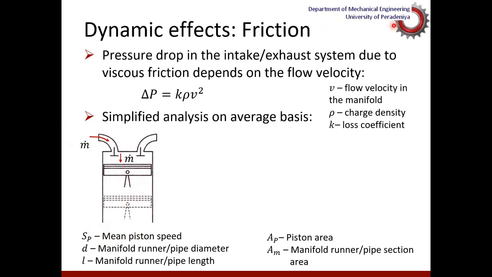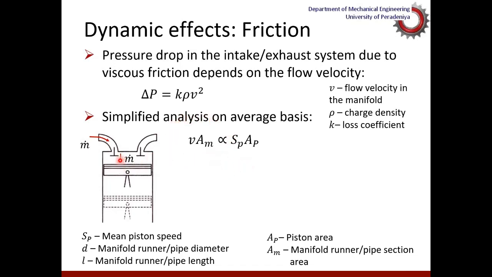On an average basis, you could say whatever comes through the intake system would fill up the volume created by the piston as a result of its motion downwards during the intake stroke. So the mass comes into the system.